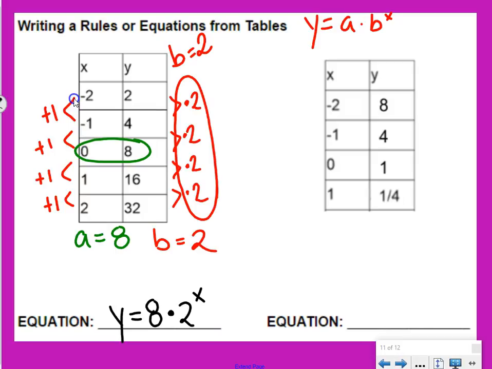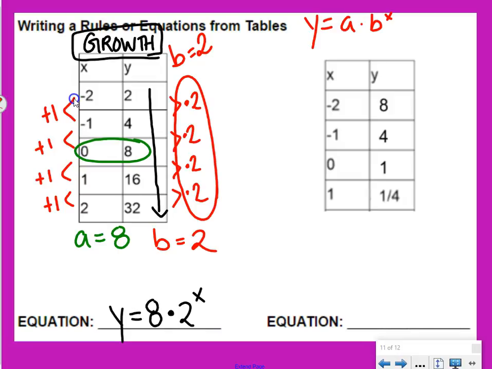Now, if we look at this, our y values, they're growing. They're getting exponentially bigger as we go down the table. We call this an exponential growth function. As your x values get bigger, your y values get bigger.